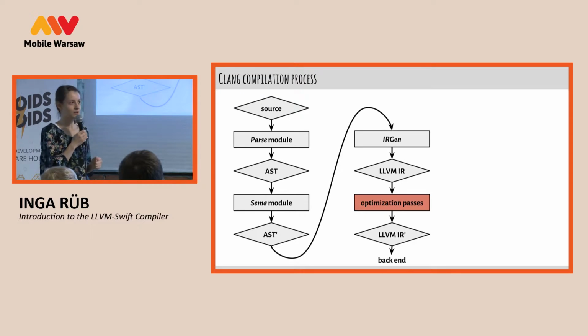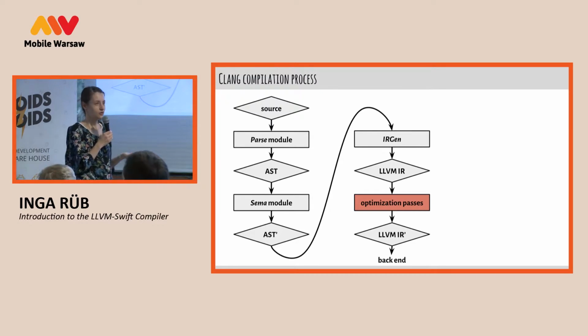If you would like to implement your own compiler for your own language, the only thing that you have to do is rewrite 3 modules: the parse module, the semantics module, and the IR generator. As soon as you have IR, a representation which is independent from the language that you use, you can rely on LLVM. LLVM will take the IR, optimize it, and then pass it to the backend, which produces the machine code, which is understandable by the machine.